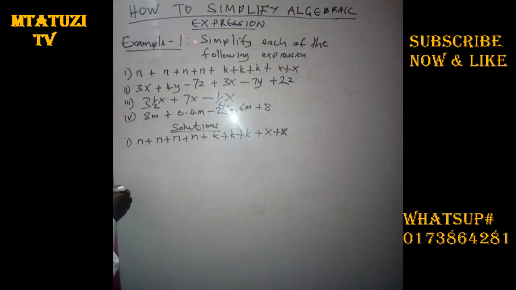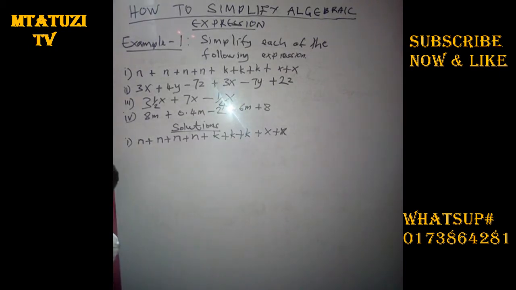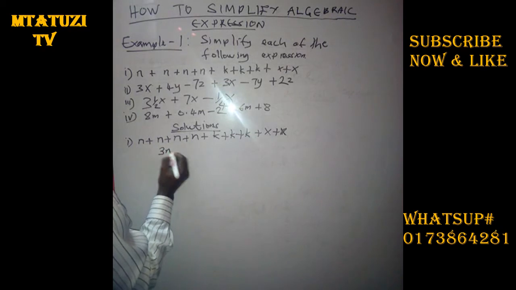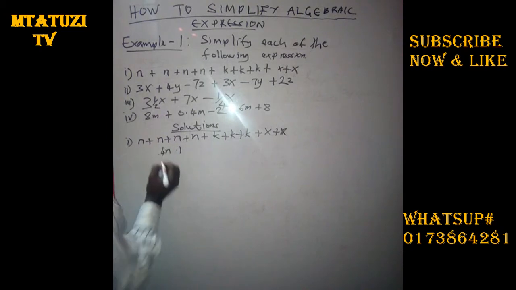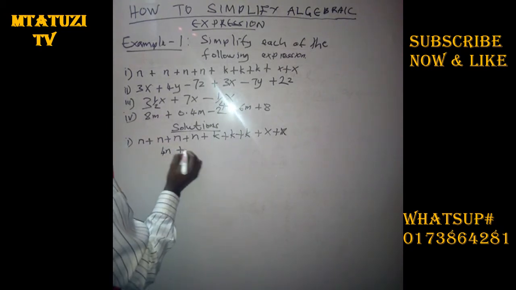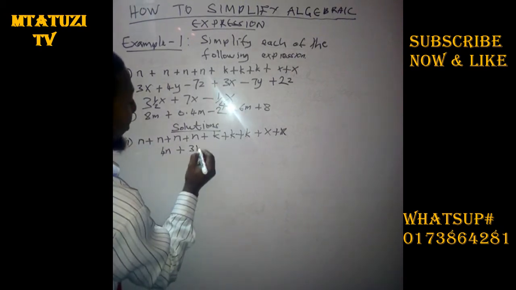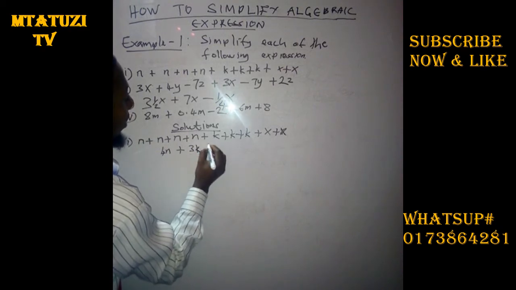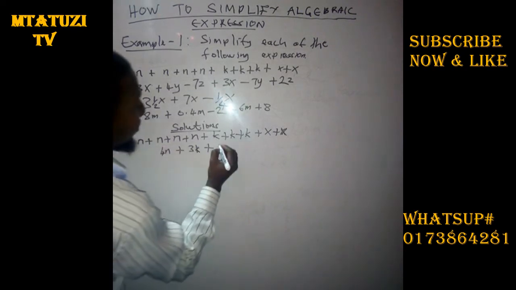Remember I said if you are given a letter alone, behind the letter there is a coefficient, and the coefficient of that letter is 1. So 1n plus 1n plus 1n plus 1n, we get 4n, because there are four n's, plus 1k plus 1k plus 1k, we get 3k, plus 1x plus 1x, you get 2x.